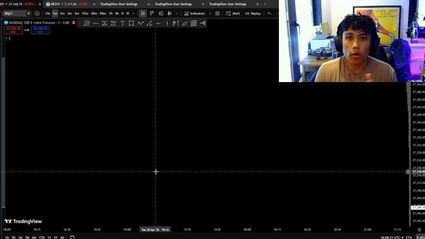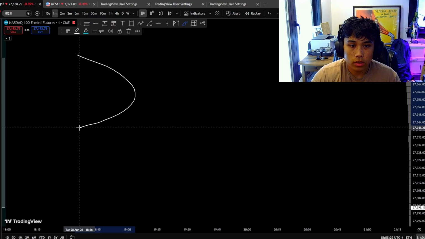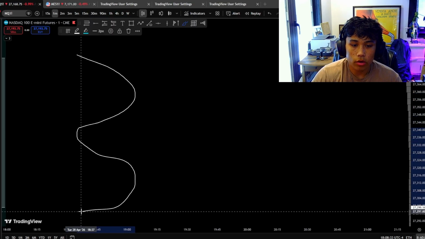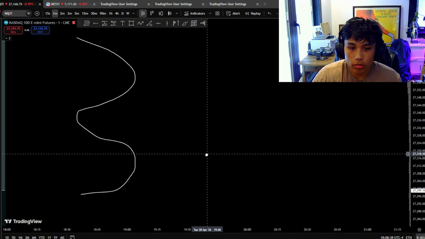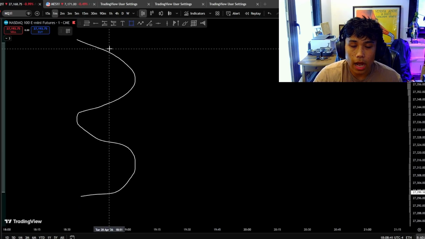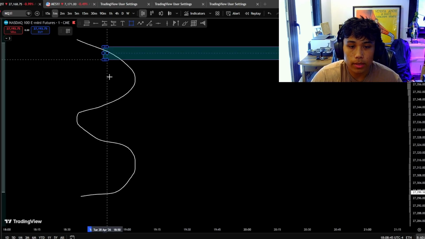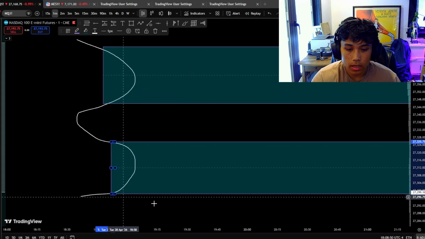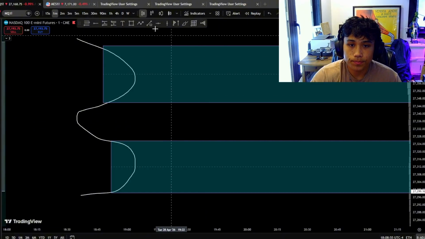Okay, just a recap of volume profile and auction market theory. Volume profile has two main components: the high volume nodes, which are these big mountains here, and then low volume nodes, where very little price is traded. High volume nodes are treated as balance, which is used in auction market theory, because auction market theory states that we will move in between balances, where buyers and sellers agree to trade price.